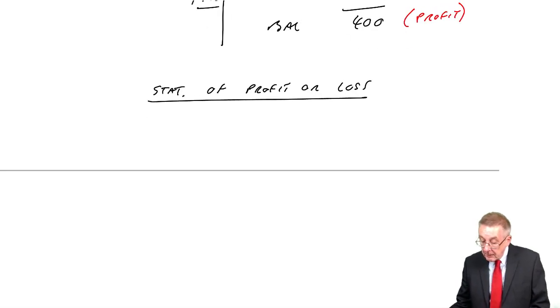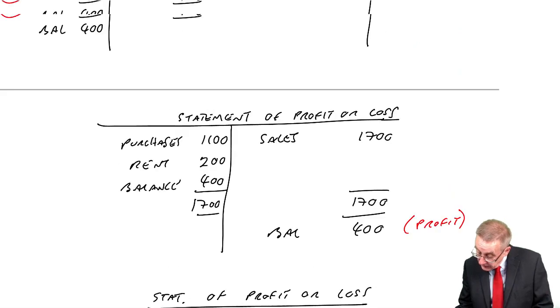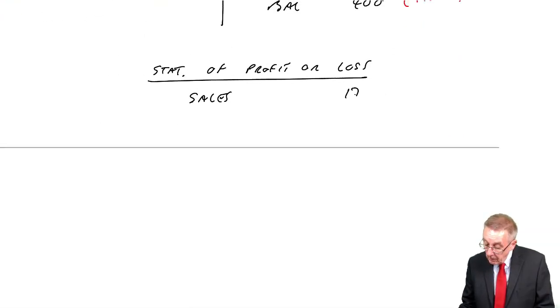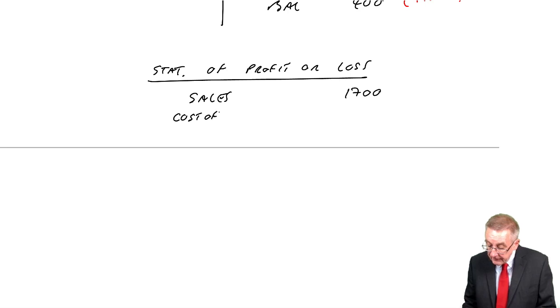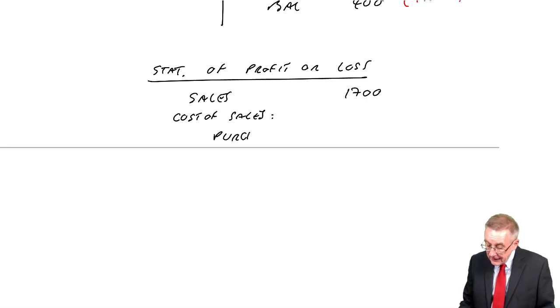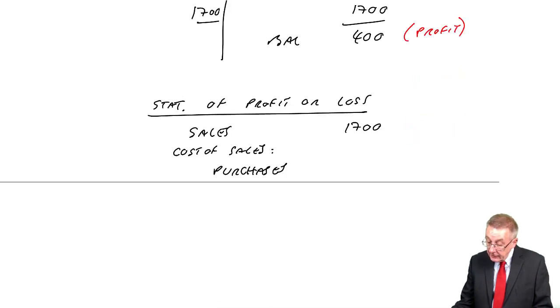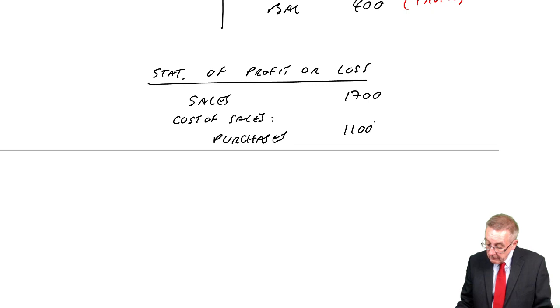We went through the layout in the previous chapter. What are the sales? Straight from the T account, 1,700. What's the cost of sales? There were no inventories here, so it's simply the purchases. Where are they? 1,100. So the gross profit is 600.